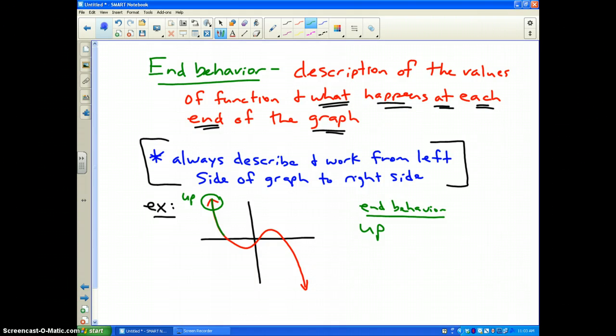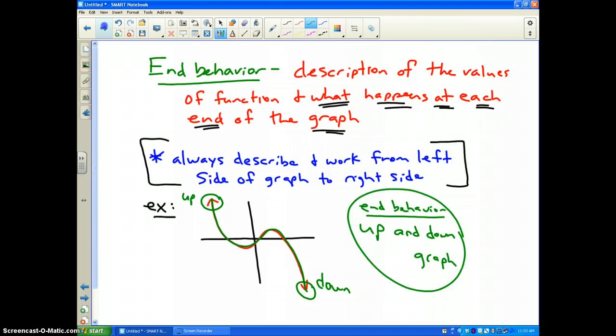Now, if I trace it all the way to the right to its final end, at the very end I'm going down. So I would describe this particular graph's end behavior as an up and then down graph. Because at the left side I'm up and at the right side I'm down. So I hope that answers your questions and describes what end behavior is.